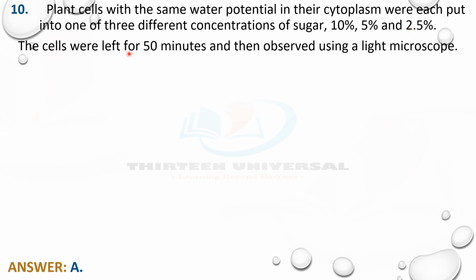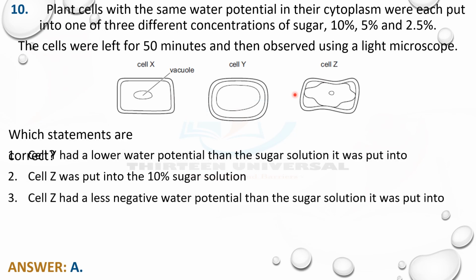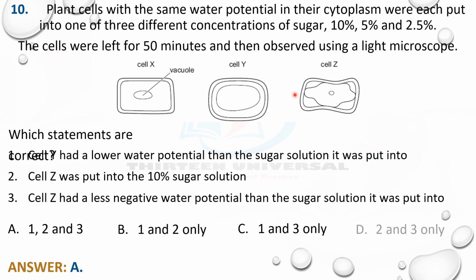They say the cells were left for 15 minutes and then observed using a light microscope. Which statements are correct? Sorry, the answer appeared before we analyzed it, but let's look at it. This one says cell Y had a lower water potential than the sugar solution.